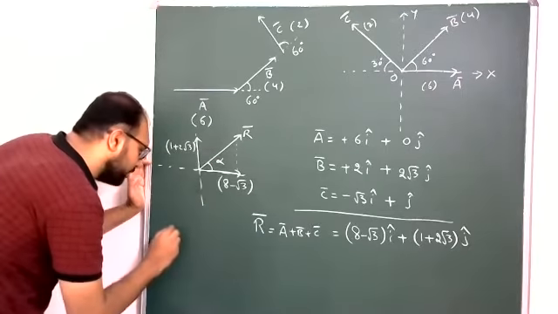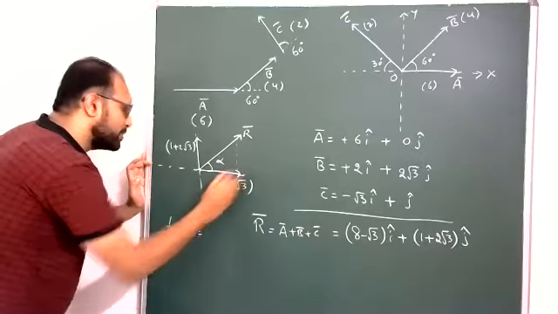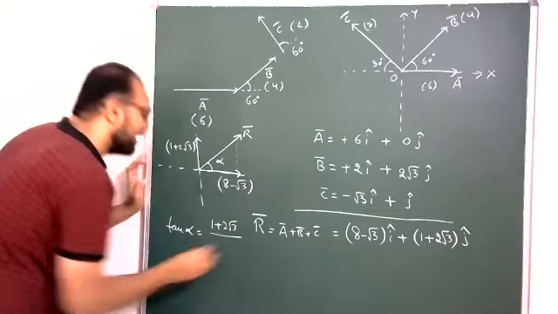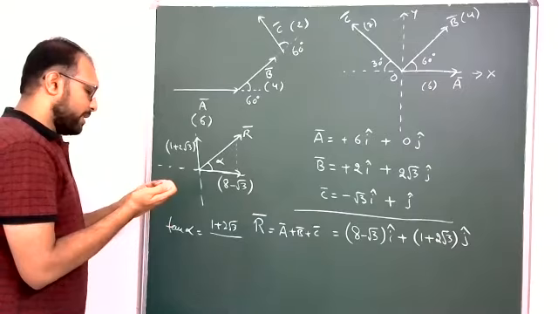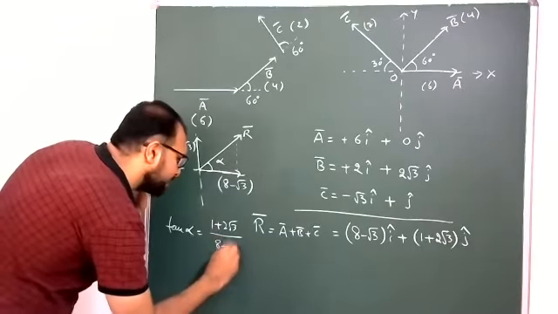Therefore, tan alpha equals opposite, 1 plus 2 root 3, divided by adjacent, 8 minus root 3.